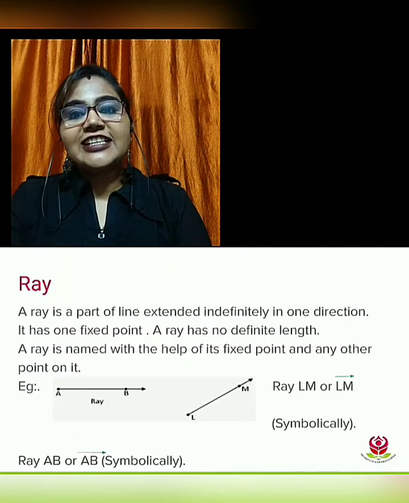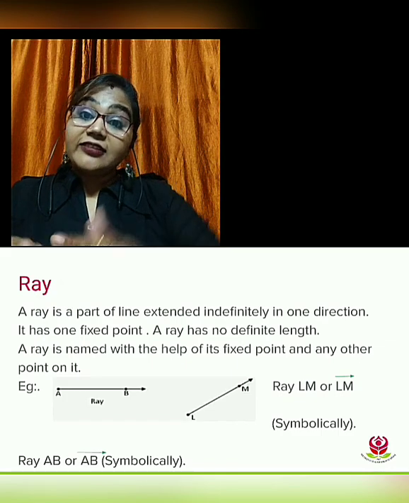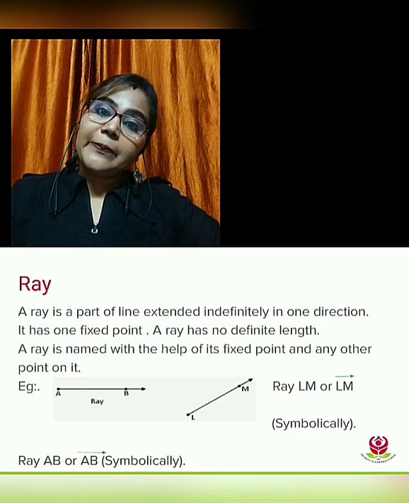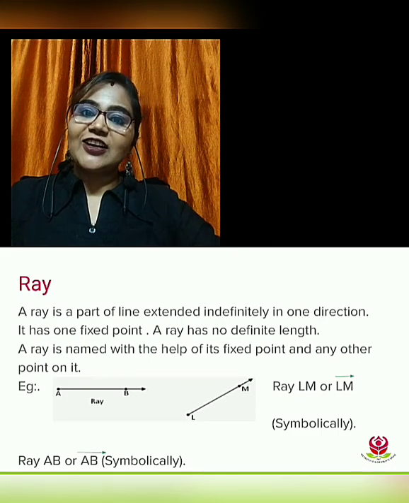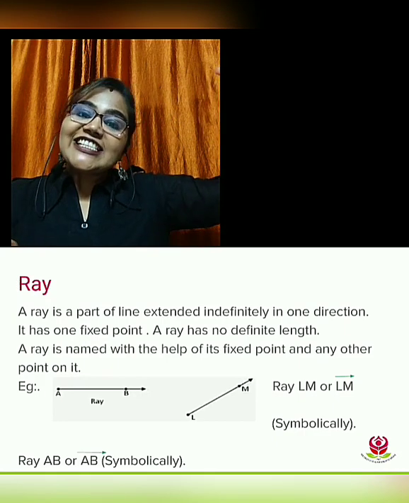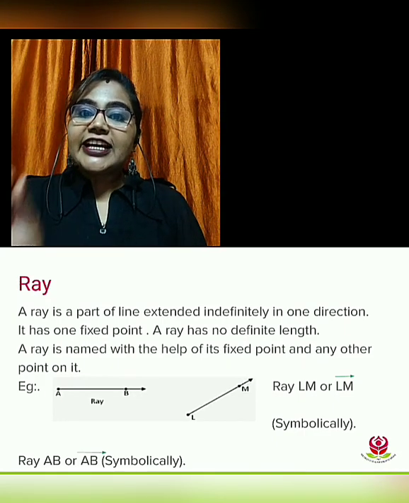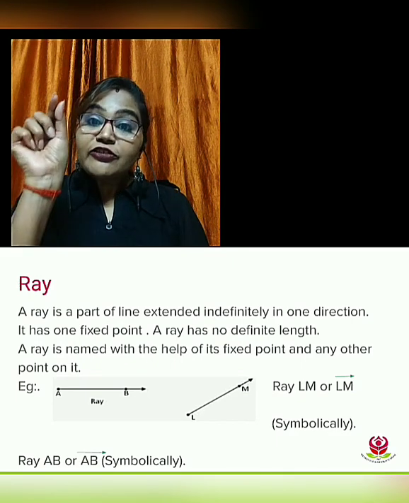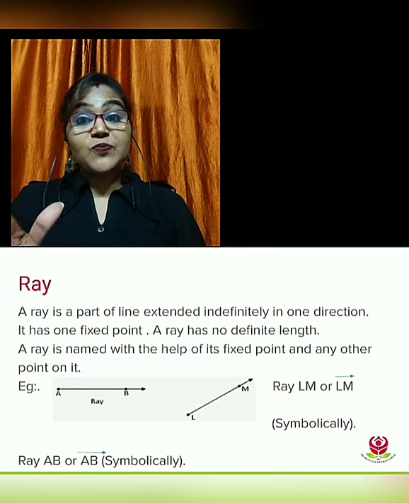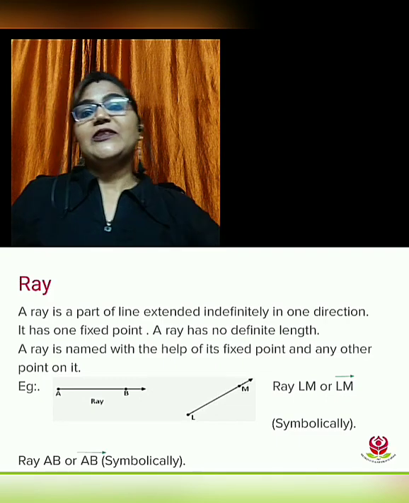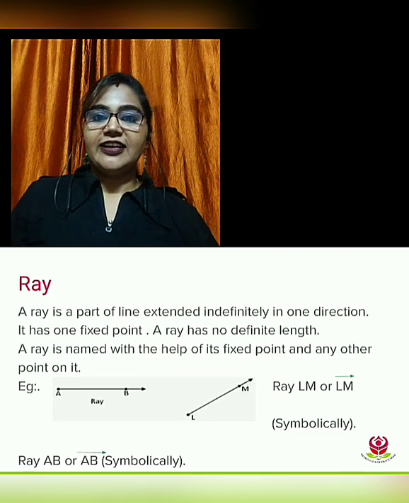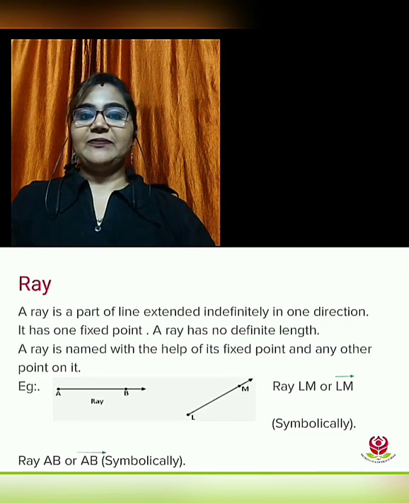The fixed point here is point A and the other point is B, which has an arrow on that side. So on that side it can go on extending endlessly. When you want to read a ray, read from the fixed point, that is point A, then you will come to point B, that is ray AB.